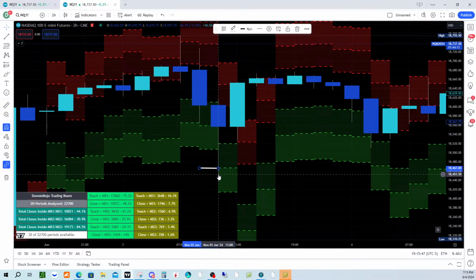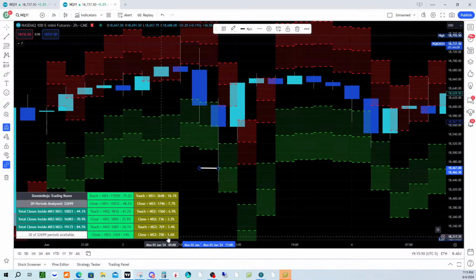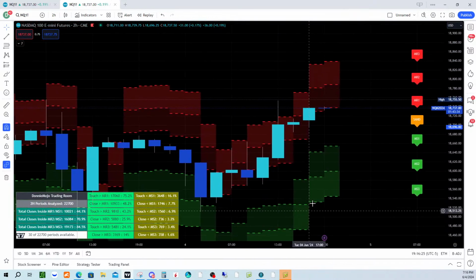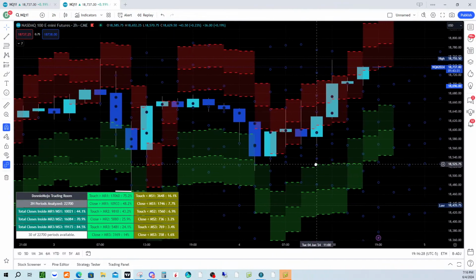I know that I have greater than a 98% chance of that rejecting off of there and coming up at least above MS3, that lower line there. Who cares if it gets below there? I know I have greater than a 98% chance that it comes back up and gives me a profitable trade, at least above here. That is basically the secret sauce to these Mojo pivots.